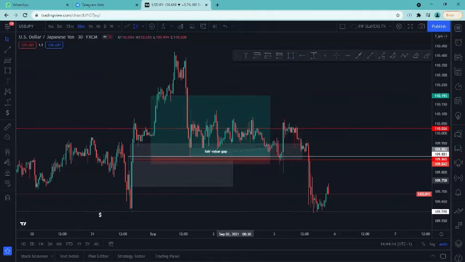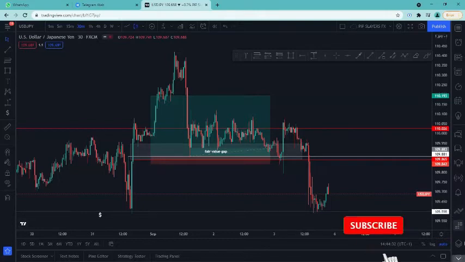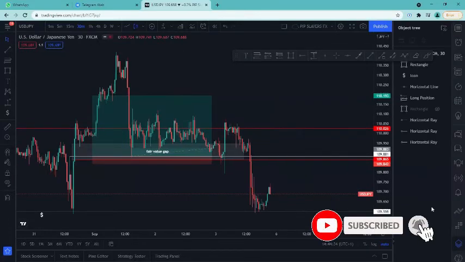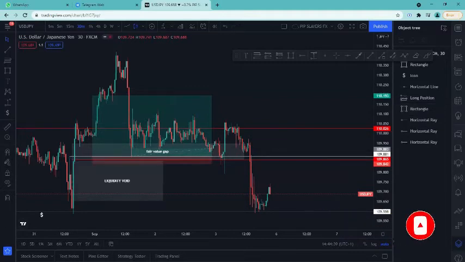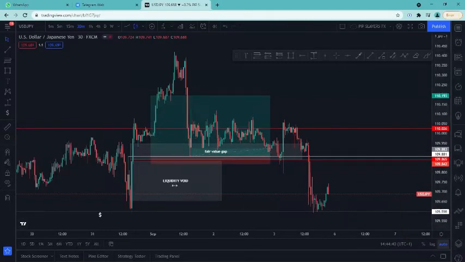Okay, so I'm just going to bring back the imbalance I hit the other time earlier. Yeah, I think I have it somewhere. Okay, and there we have it, the liquidity void.